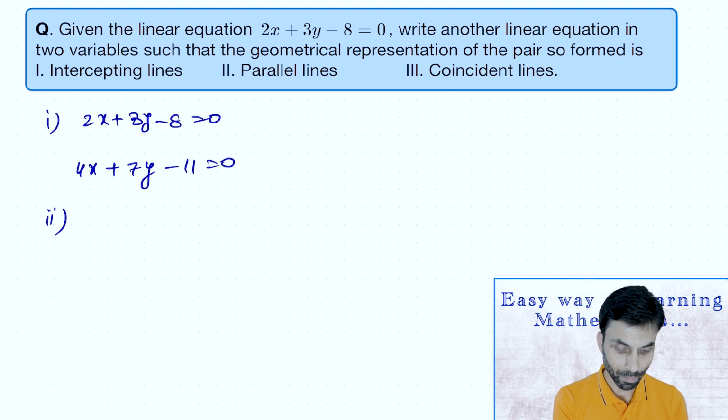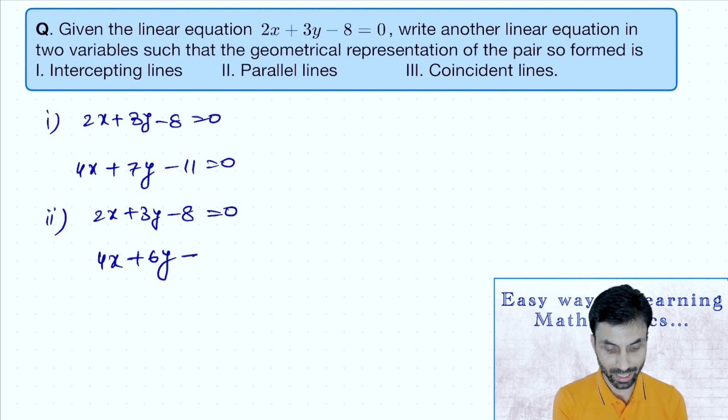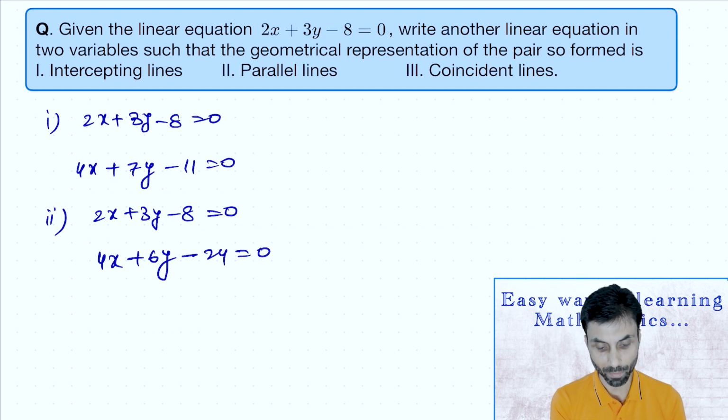So if my equation is 2x plus 3y minus 8 equals 0, I can multiply the first two values, that is the coefficients of x and y, with a fixed number. So in that case, we can write it as, suppose, 4x plus 6y, and then in place of 8, ensure that it is not the same multiple. So let's multiply with some other value, that will be minus 24 equals 0.